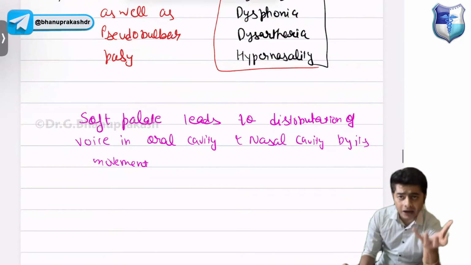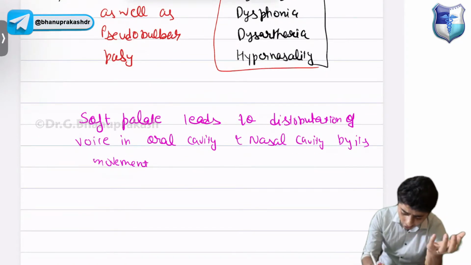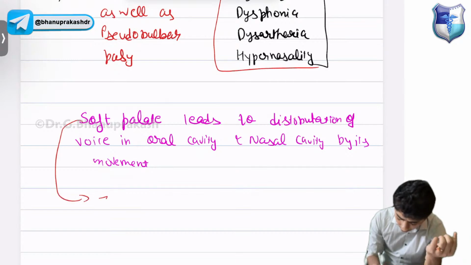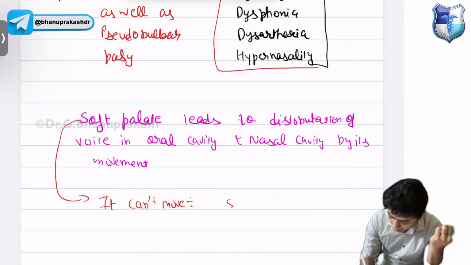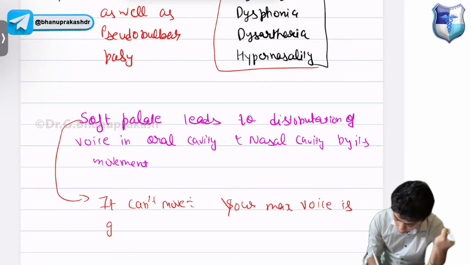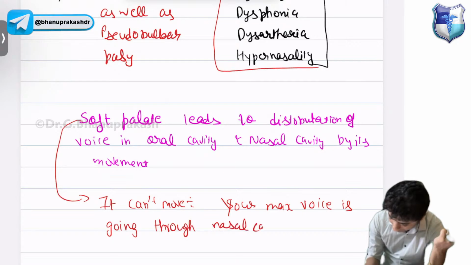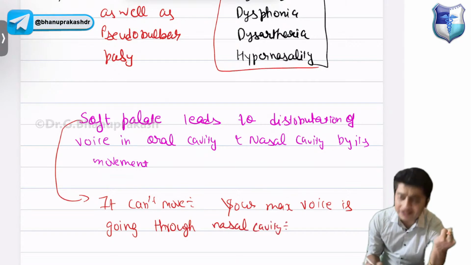But if there is bulbar palsy, can the soft palate move? No. Now it can't move. So if it can't move, your maximum voice is going through the nasal cavity.